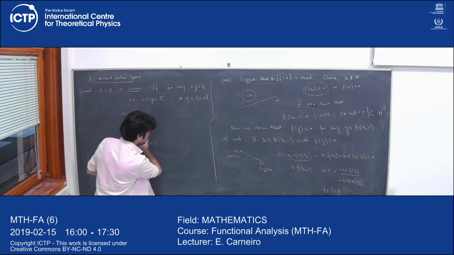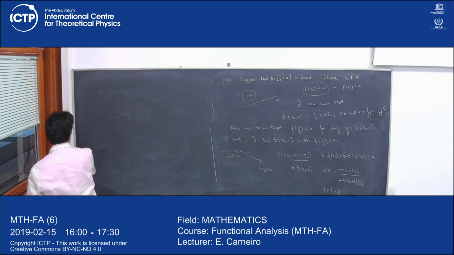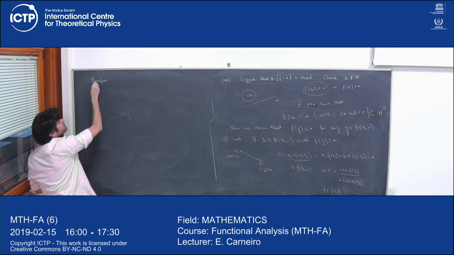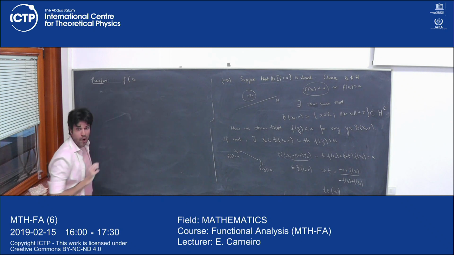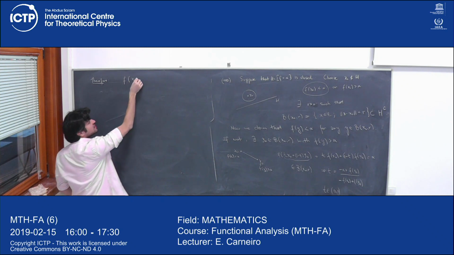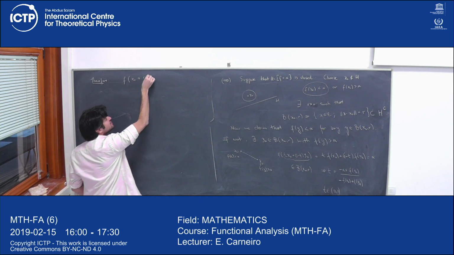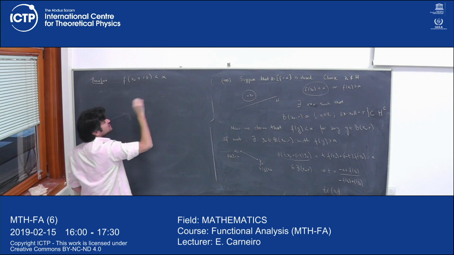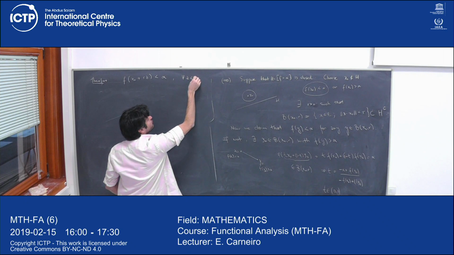Now, therefore, we have proved that, say, we can write the ball, one way to write the ball is x0, the center, plus r times z. We have proved that for everybody in the ball, the value of f is less than alpha, for any z in the unit ball. Say the ball 1.